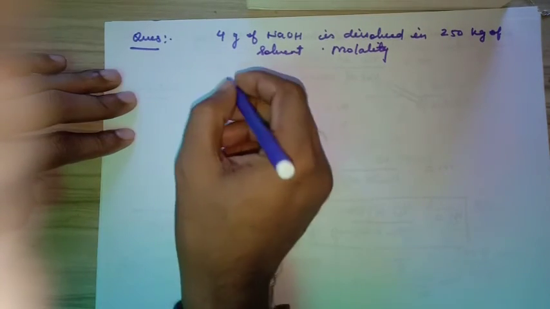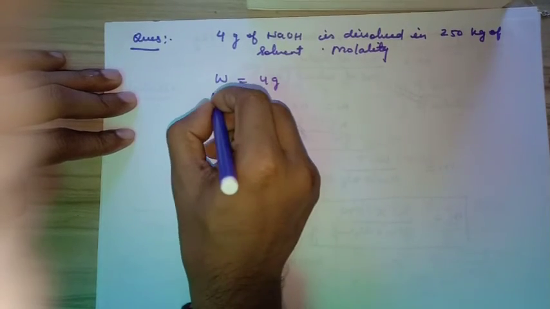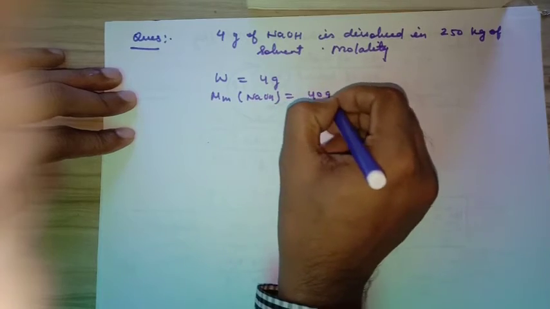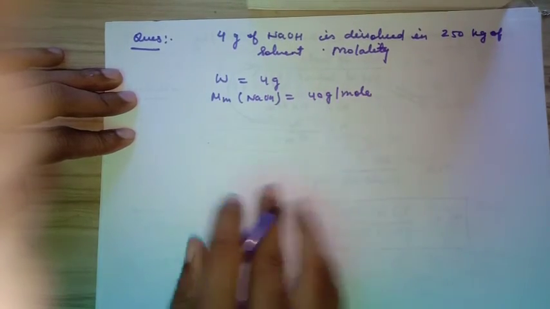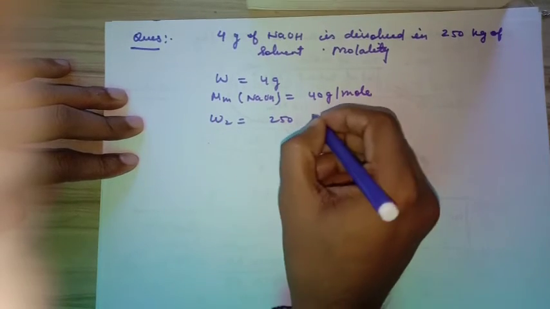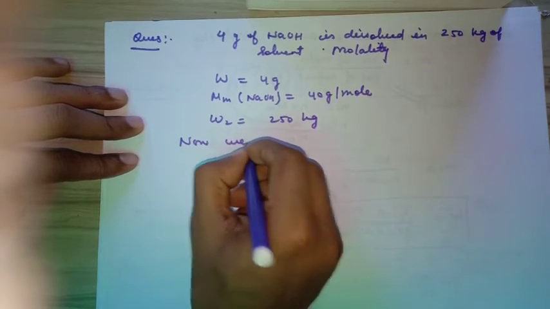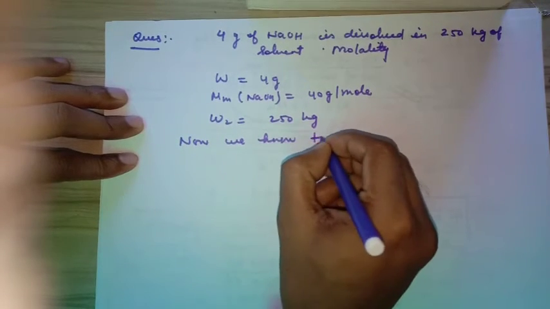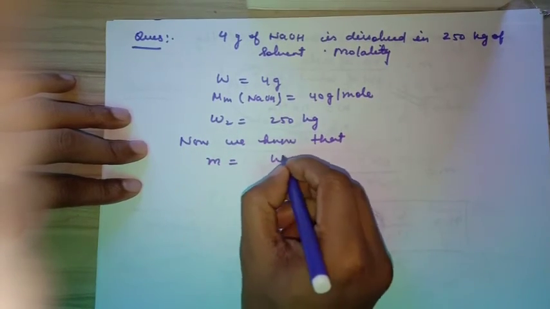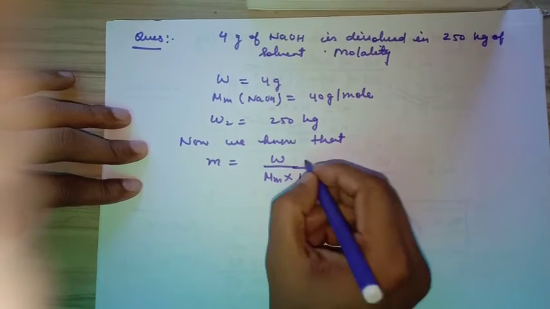So here we have given weight of solute as 4 gram. The molar mass of NaOH will be 40 gram per mole. Now W2, that is weight of solvent, is given as 250 kg. Now we know that molality is given as W by the solute's molar mass and its solvent.